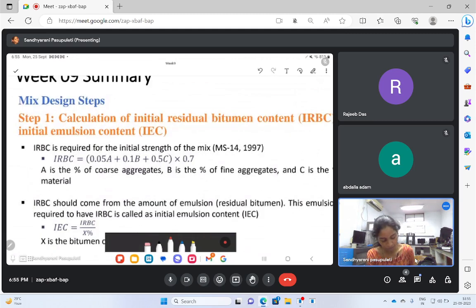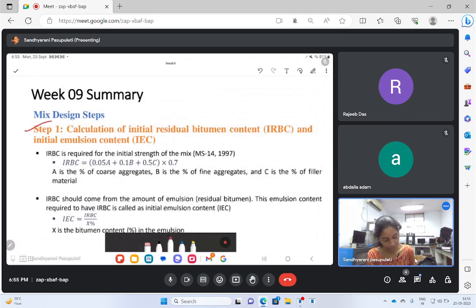The first step would be calculation of initial residual bitumen content and initial emulsion content. We know that emulsion is part of these cold asphalt mixtures. When I say emulsion, this emulsion already has bitumen, water and some emulsifier. Let us keep the water and emulsifier aside. So emulsion has bitumen.